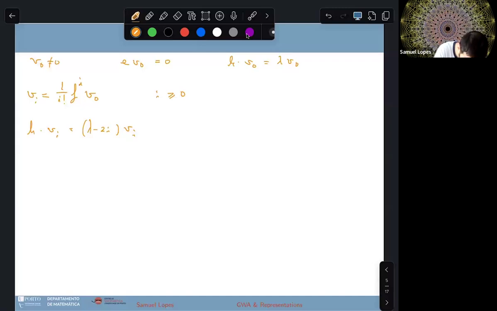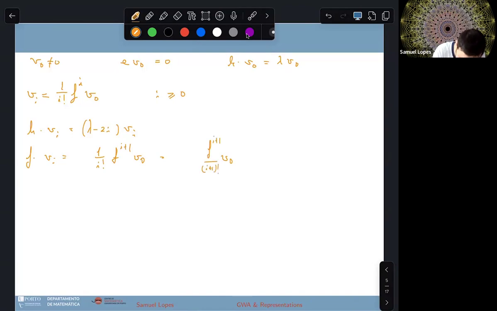Do I know how f acts on these vectors? So f acting on v_i is 1 over i factorial f to the i plus 1 v0. What I'd really like, so that it looks like a basis vector, is f to the i plus 1 divided by i plus 1 factorial.